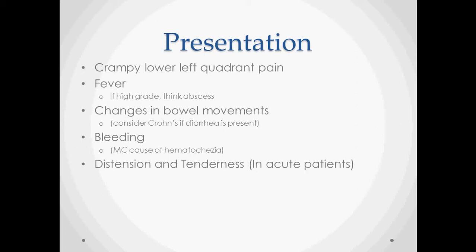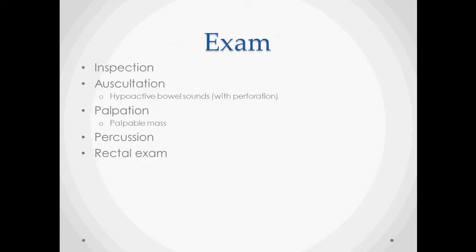And in acute patients, then you get distension, tenderness, rebound tenderness of the abdomen. So you want to do an exam. You're going to look at the belly, see if they have any incisions from previous surgeries that might add to your differential diagnosis. If they've had recent surgery, for example, that might make you think about abscess or something like that. You listen. If you're not hearing bowel sounds, then you could be talking about a perforation.